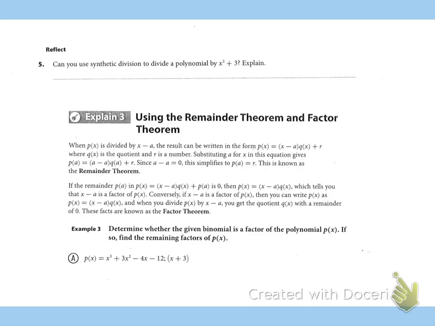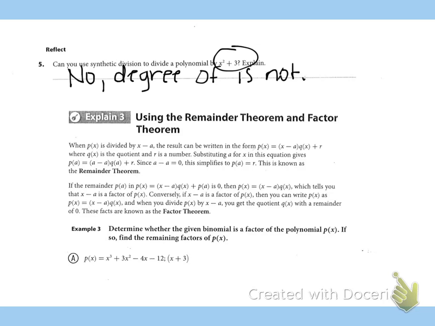So if I ask this question, can you use synthetic division to divide a polynomial by x squared plus 3? The answer would be no, and that's, again, because the degree is not equal to 1. So the degree of this thing right here is not 1. So it's only legal if your divisor is linear.